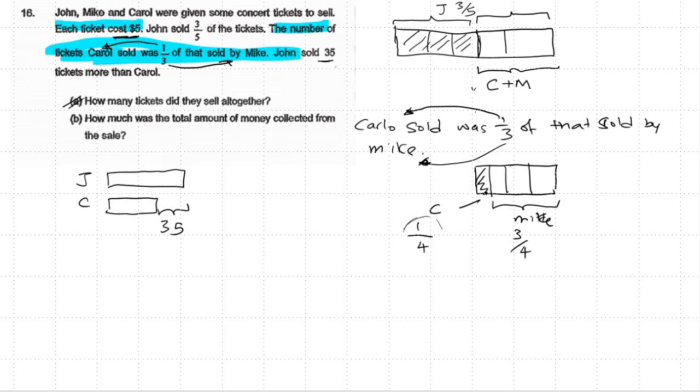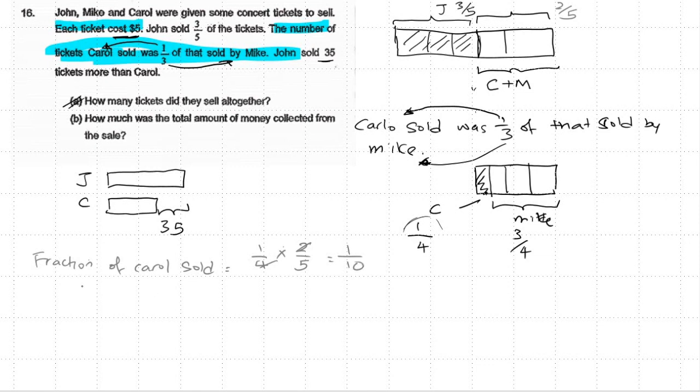This big picture, you remember they come from the remaining here, right? The fraction that Carol sold here should be 2/5. The fraction of Carol sold will be 1/4 times 2/5, which will give me 1/10.